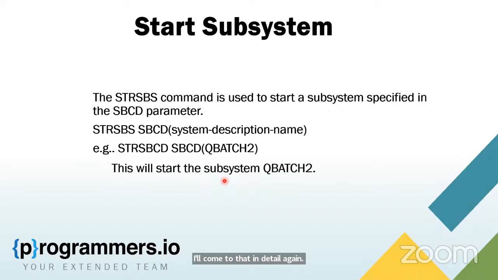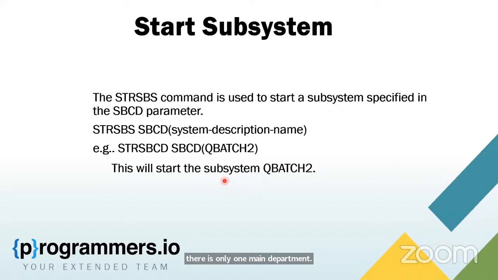You can think of a subsystem like a department in a company. Let's say you are creating an accounting department. By default, we have the QBASE subsystem, so it's just one subsystem where all kinds of jobs run. It is like a company where there is only one main department, and everyone works in the same department.